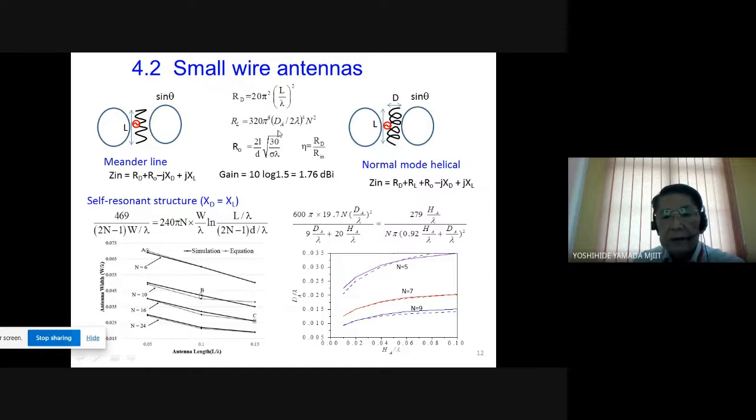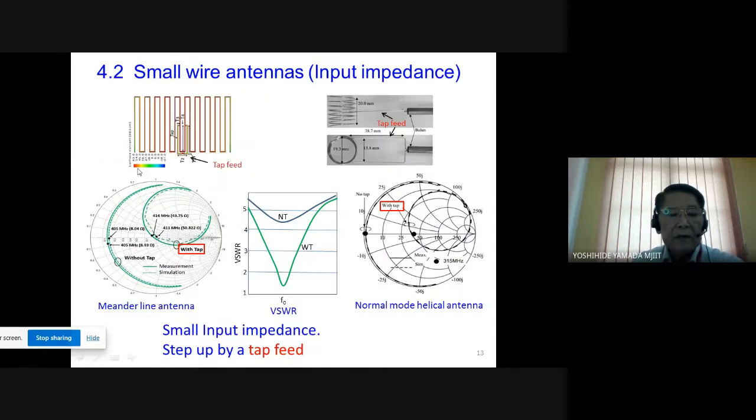So this is an example of fabrication of a meander line antenna. At the original feeding point here, the impedance becomes like this one. It is almost 8.9 ohm at the resonant point, or 8 ohm.